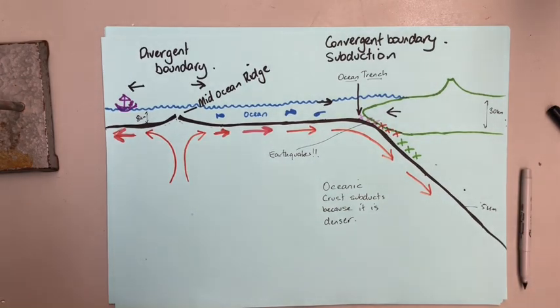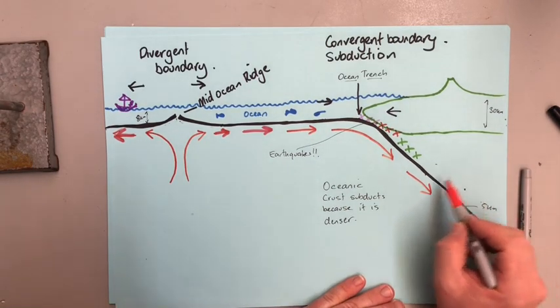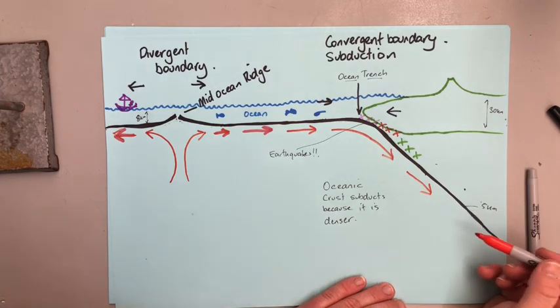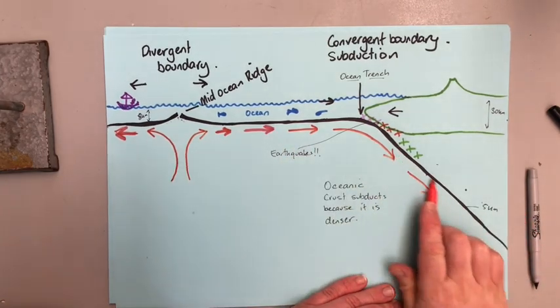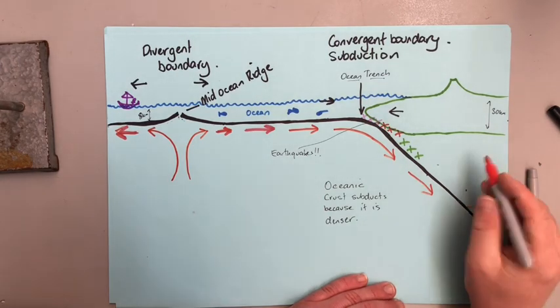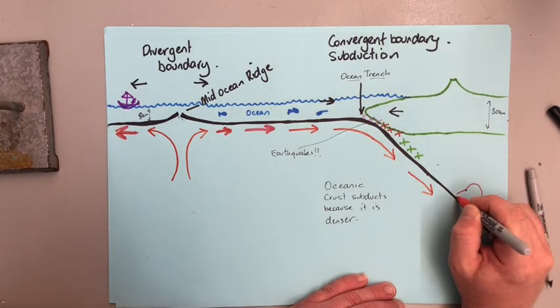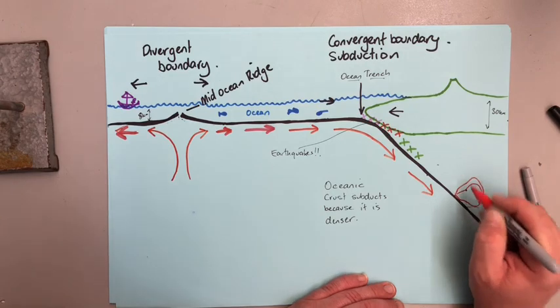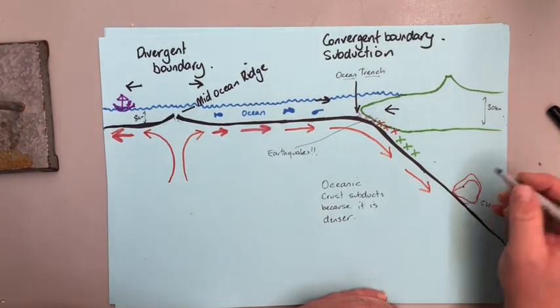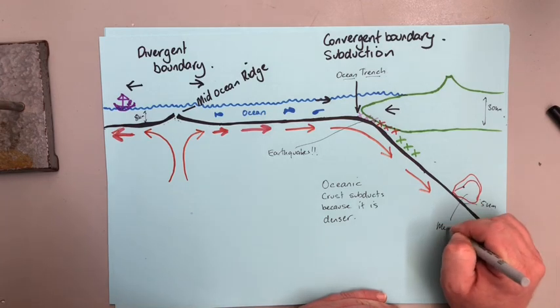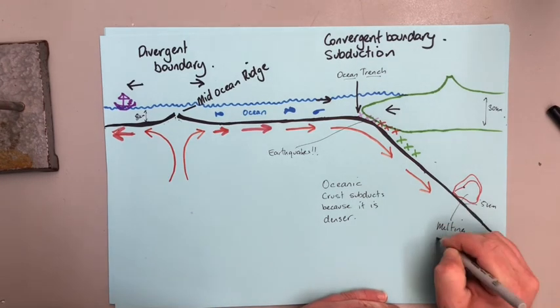Something else really interesting happens, and it happens about here at a depth of about 80 to 100 kilometers. As this plate is getting pushed under deeper and deeper, it actually starts to release a lot of water. And when it releases water, it melts the magma in the asthenosphere. Melting magma.